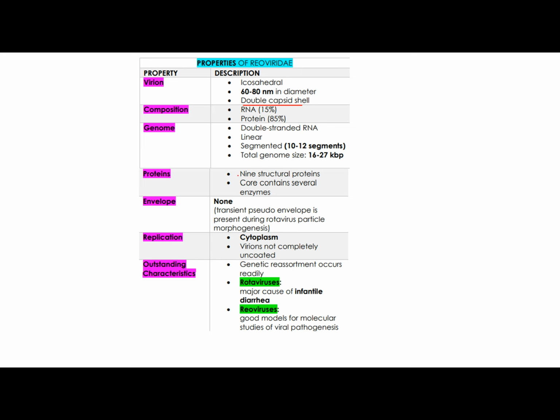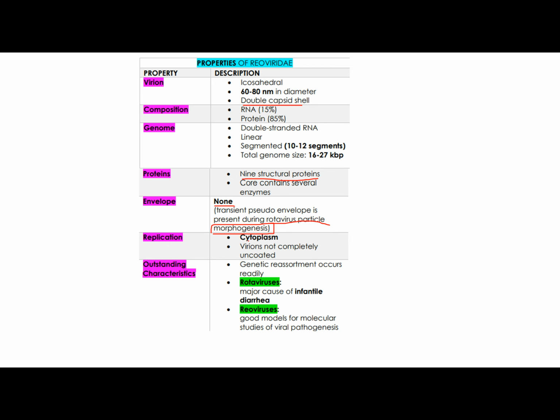Then the proteins, take note, they have 9 structural proteins, and the core would contain several enzymes. Envelope is none, so this is a non-enveloped virus. It has a so-called transient pseudo-envelope present during rotavirus particle morphogenesis.